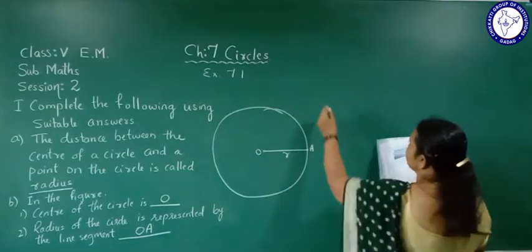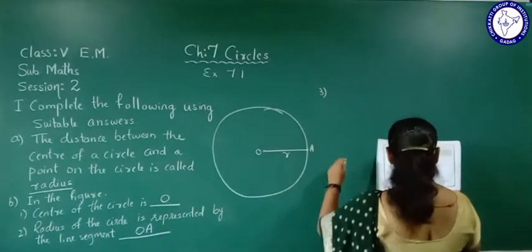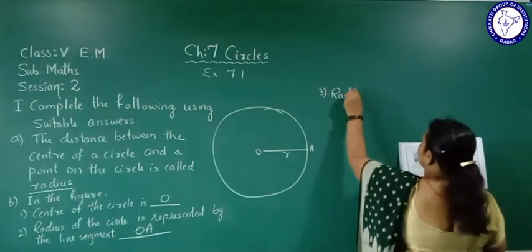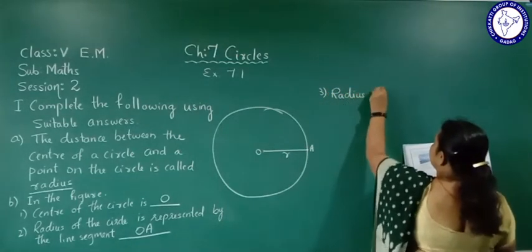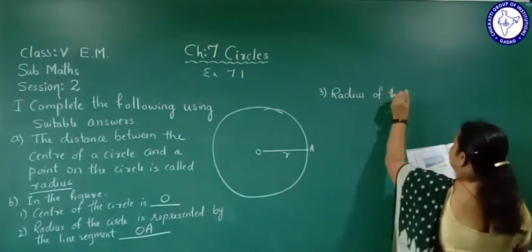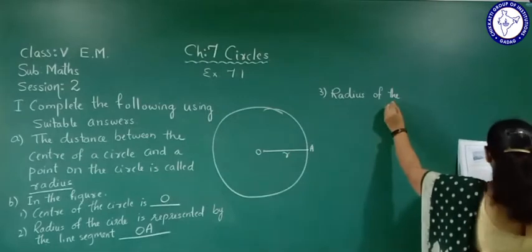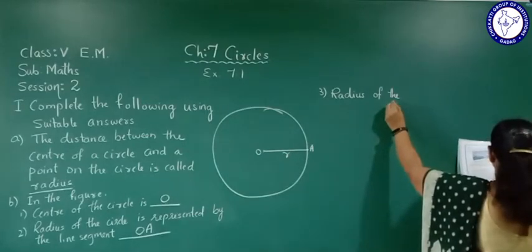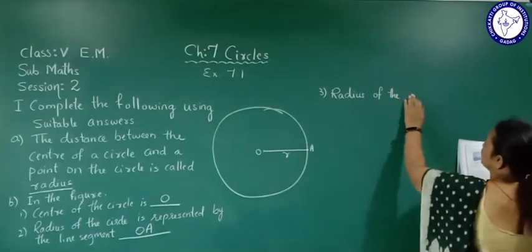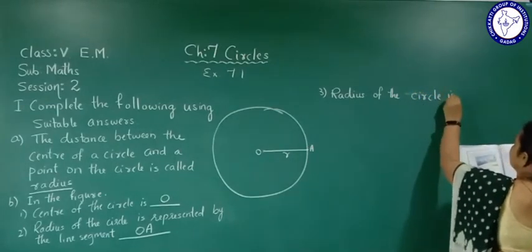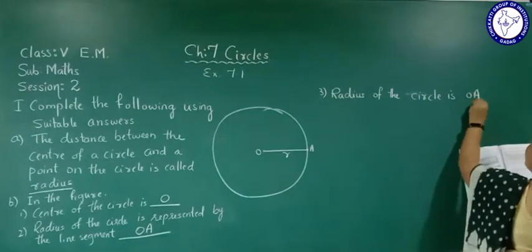Now third fill in the blank, radius of the circle is write again OA.